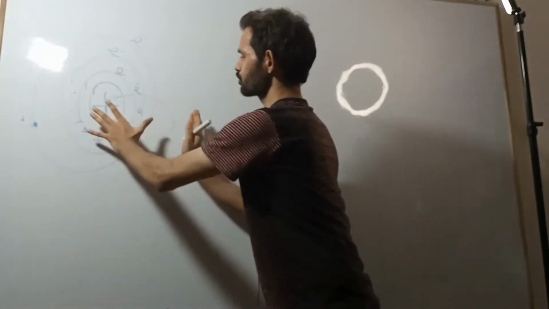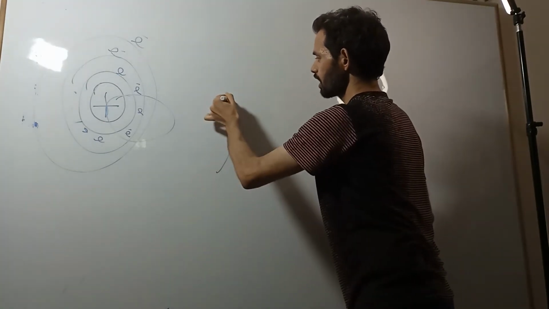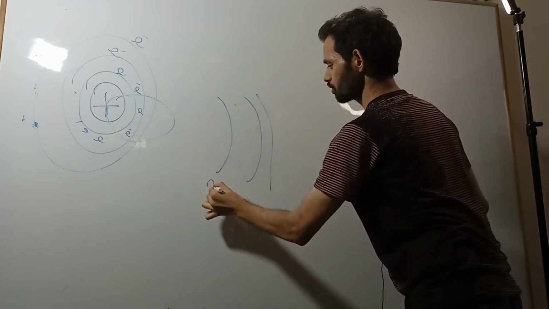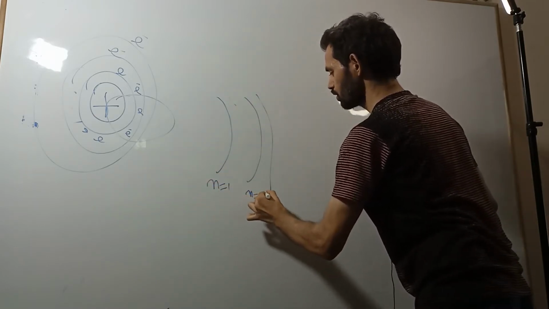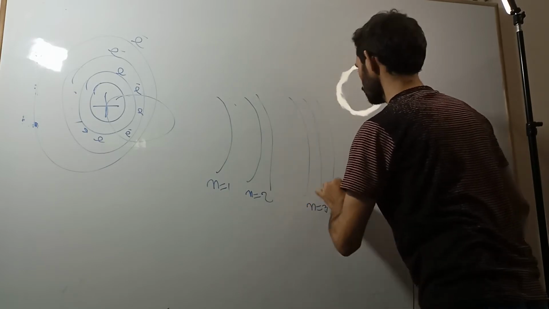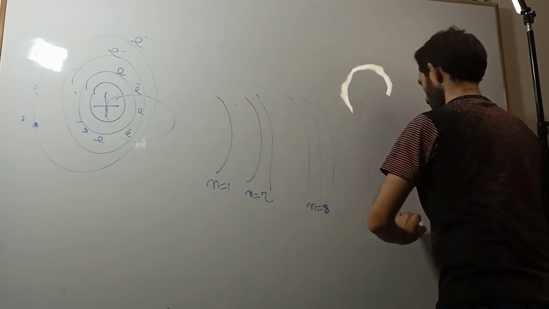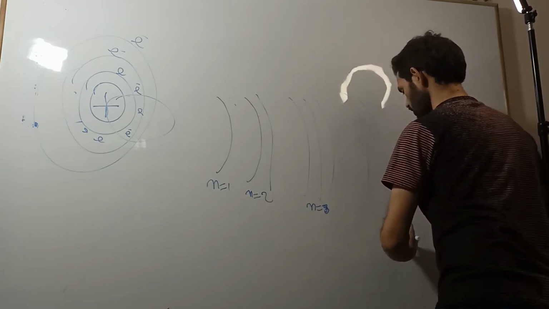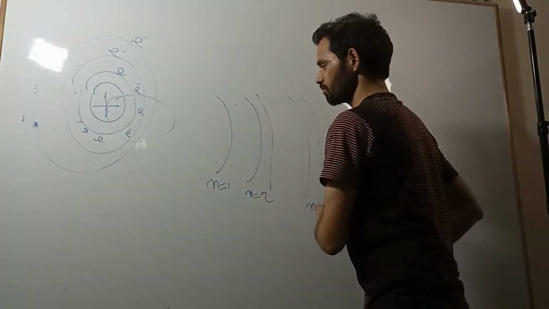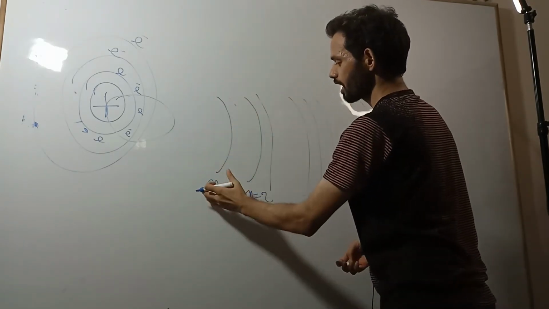Then we zoomed into the energy level and saw the different energy subshells. Here n equal to 1, this is n equal to 2, n equal to 3, and this is n equal to 4. These are energy levels.